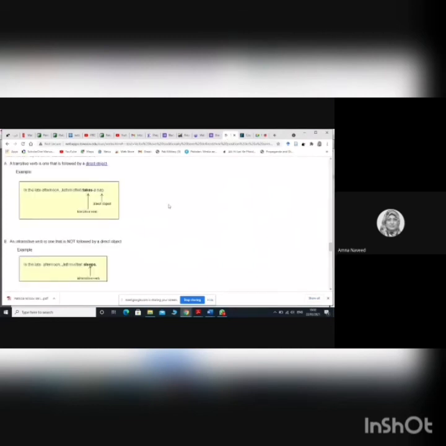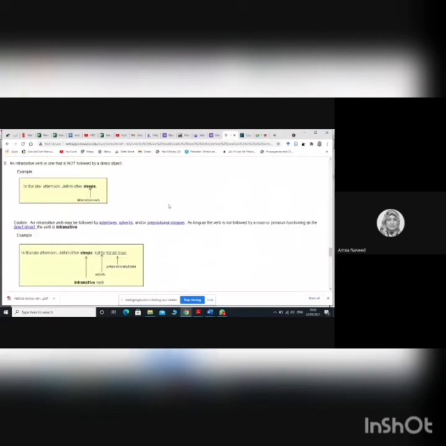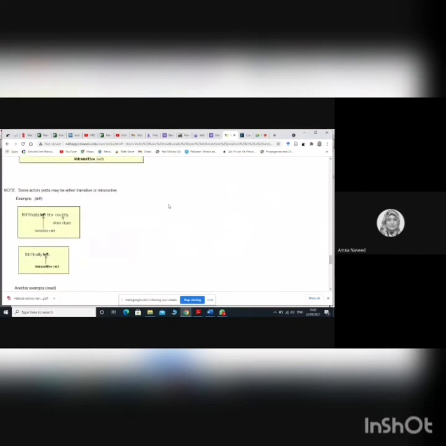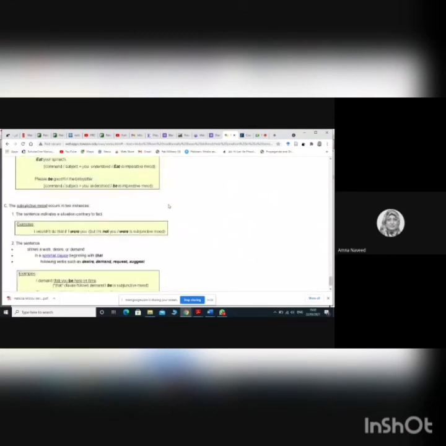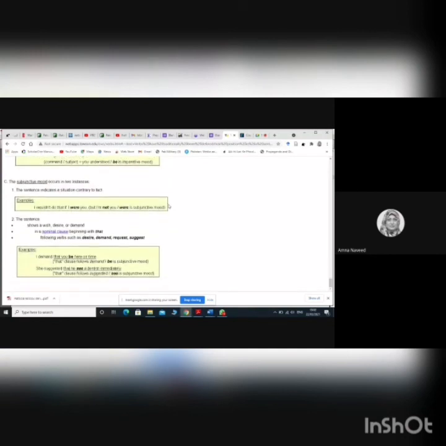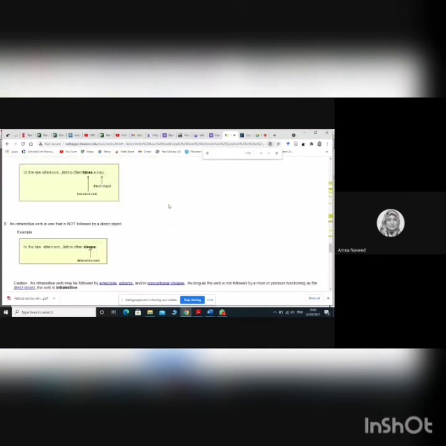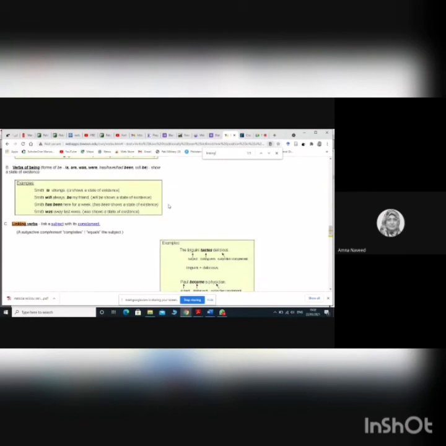Let me show you something from here, so that the point might be clear to you. Here we have linking verbs. Linking verbs are appear, taste, smell, look, seem, become, etc. They are used to link something with the other thing.